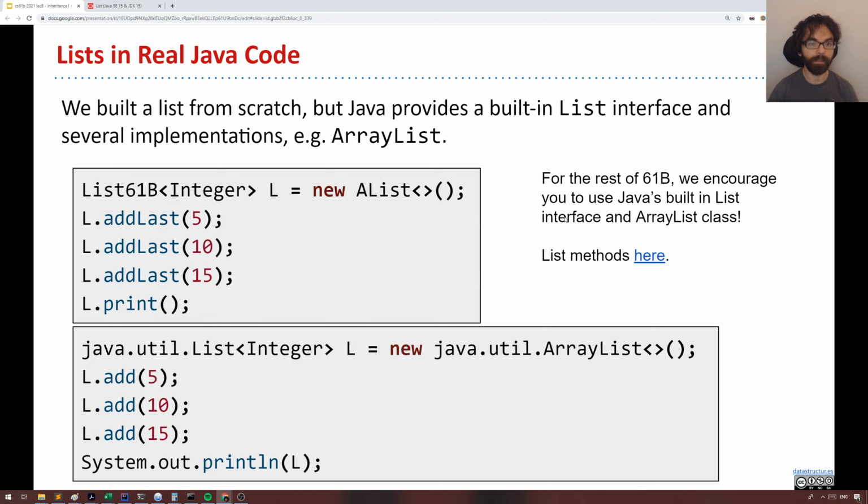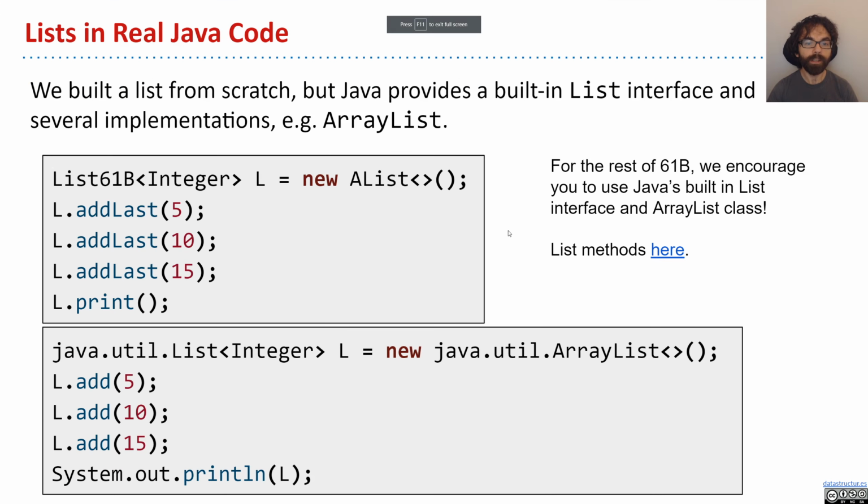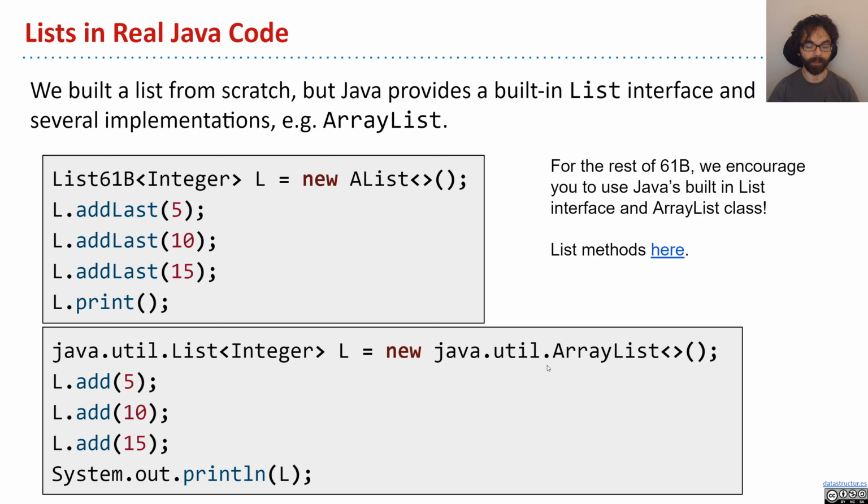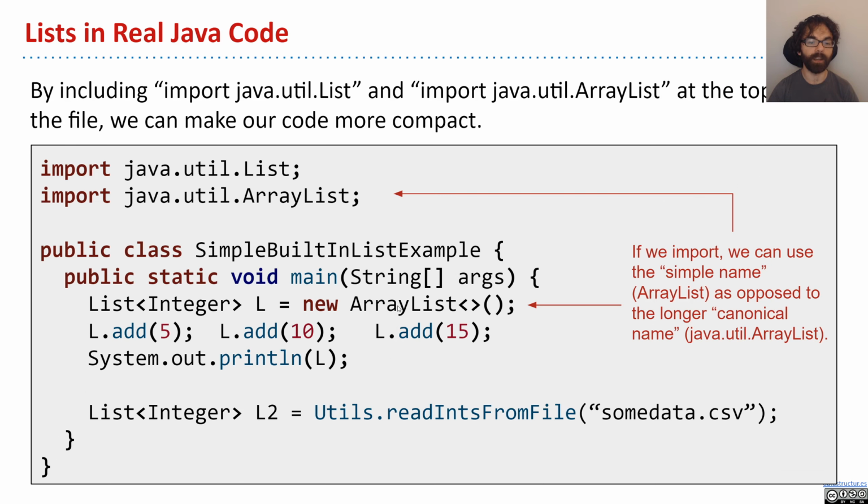Now, one more thing I wanted to mention is that in real Java code, you do not want to write java.util.List. And just like we saw in the testing lecture, if we include import statements at the top, we don't have to use the full name, java.util.ArrayList. We can instead just say ArrayList.